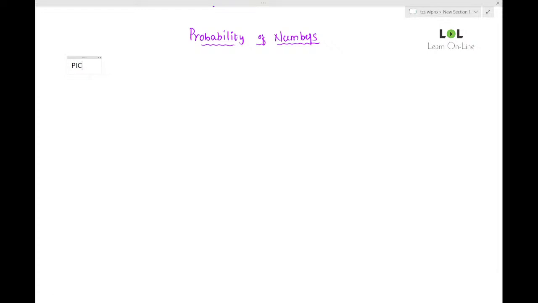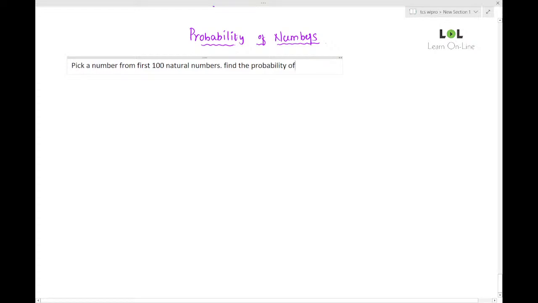Pick a number from the first 100 natural numbers.